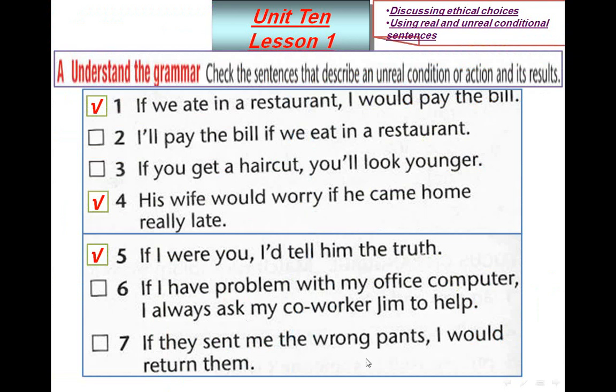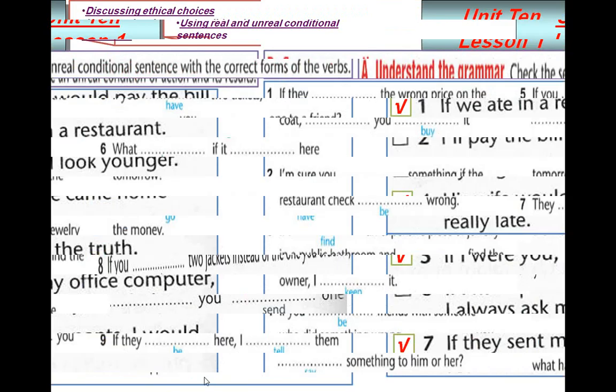Number 7, if they sent me the wrong pants, I would return them. So that's unreal conditional. Very good. We're gonna check it. Here sent, simple past, and would plus the base form of verb, and all the checked sentences are unreal conditional sentences.